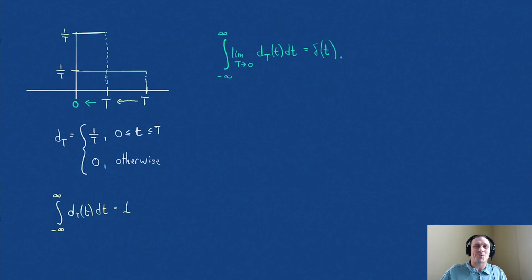We're going to just run with the fact that it works so well. That's the delta function, the instantaneous impulse at a moment in time. I hope that helps, and thanks for watching.